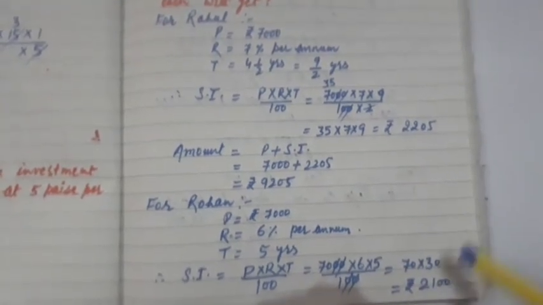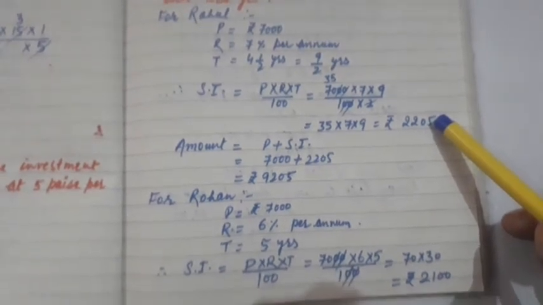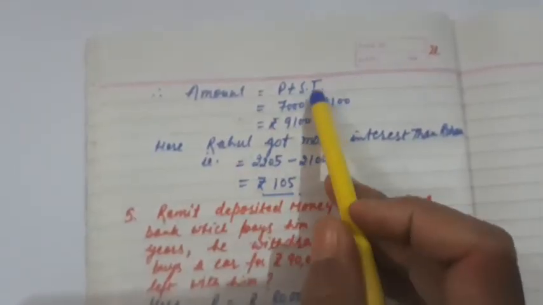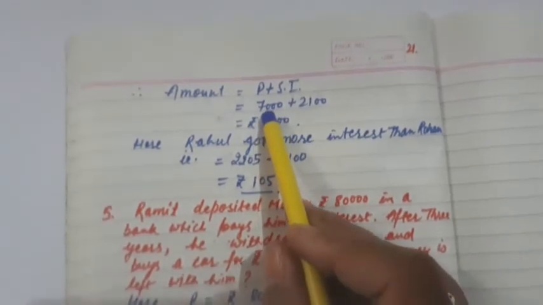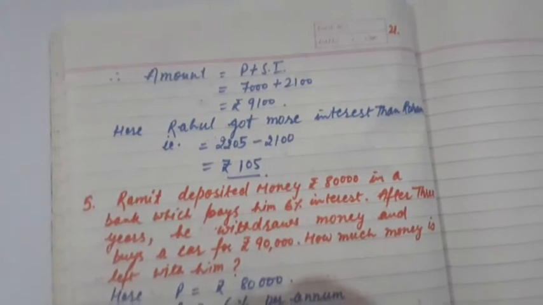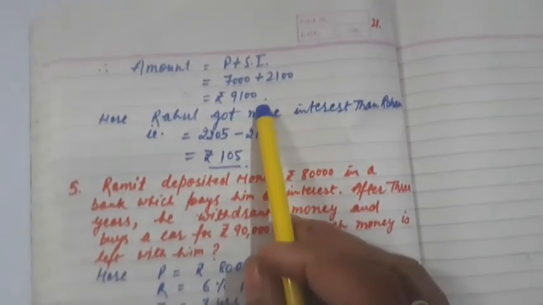It is 2100 and the other is 2205. Now we have to find the amount for Rohan also. The amount is always equal to principal plus simple interest, that is 7000 plus 2100, and it is equal to 9100. So these are the answers.